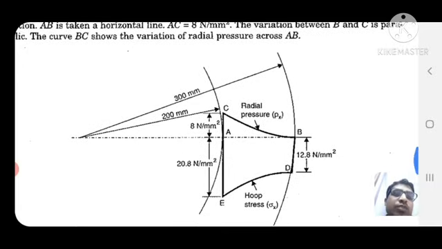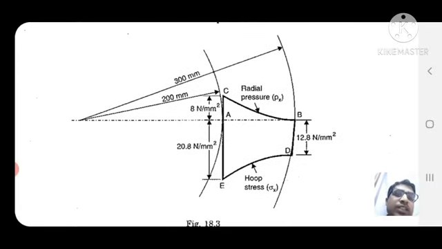If you follow the diagram, at 200 millimeter and 300 millimeter, one is the radial pressure and another one is the hoop stress. One is 12.8 Newton per millimeter square, and another, if you draw the diagram, is 20.8, and 8 Newton per millimeter square.